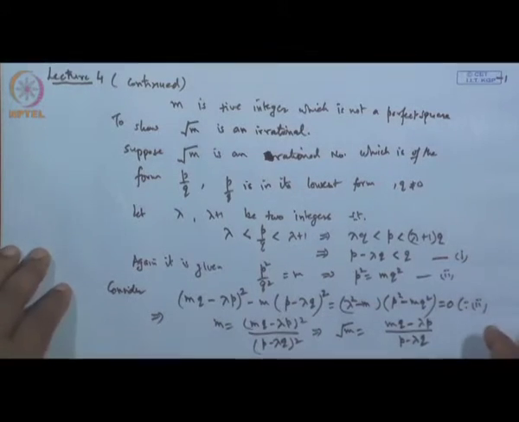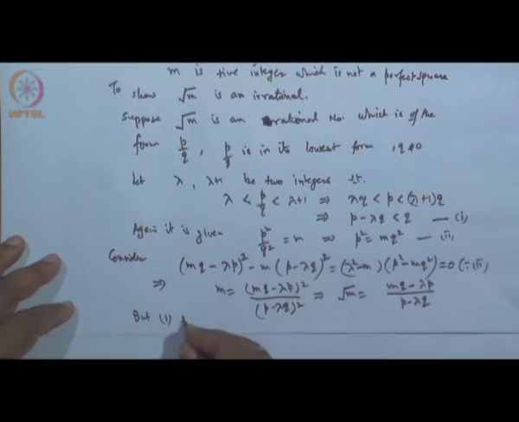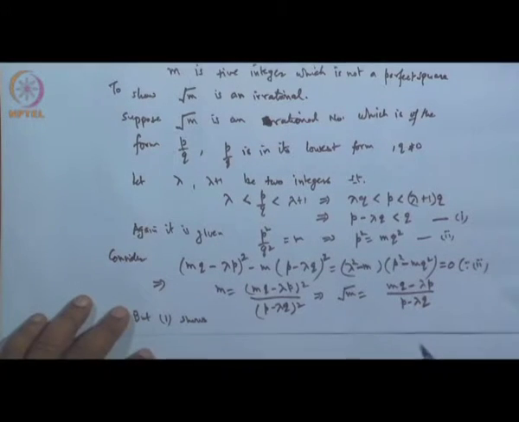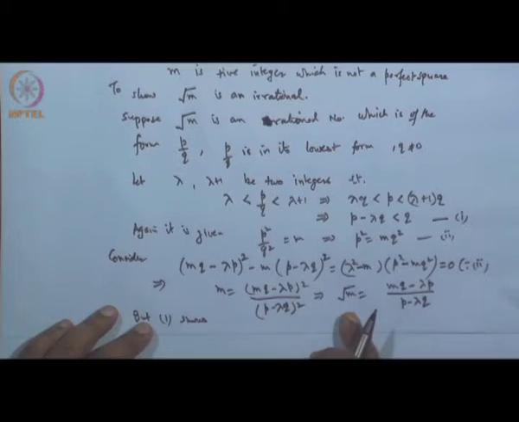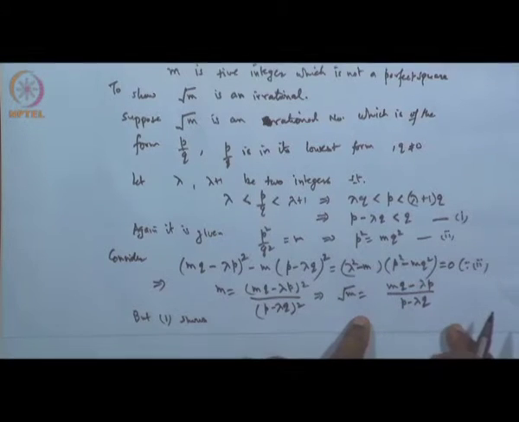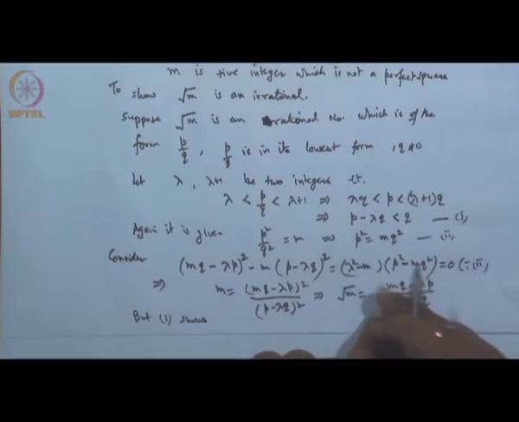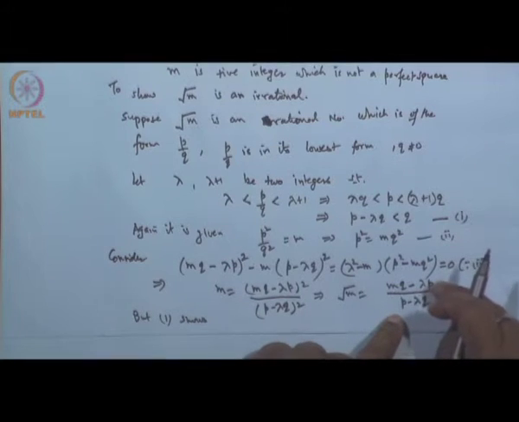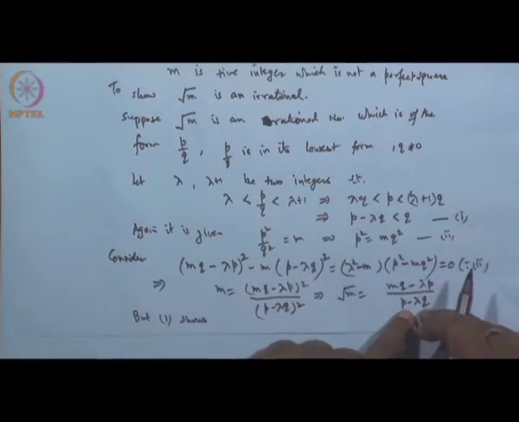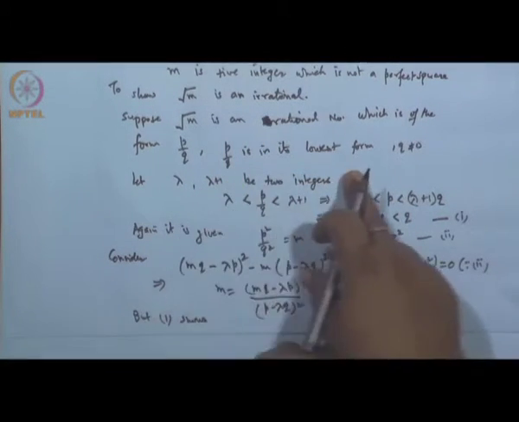So, the square root of m is written in another form, where the numerator is this and the denominator is this, and this denominator is lower than the denominator q which we have assumed, but we assumed that p by q is in its lowest form.